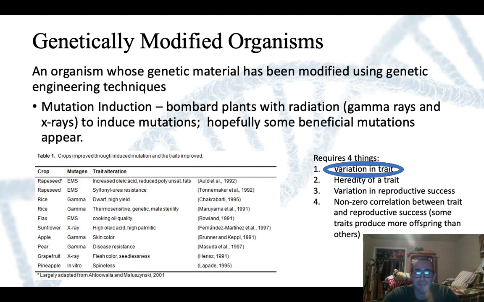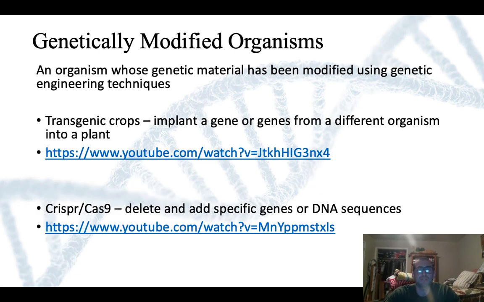And as we have advanced in technology and our understanding of science, we have started developing more elegant methods for modifying organisms, right? We have transgenic crops now, where you implant the gene or genes from different organisms into a plant.